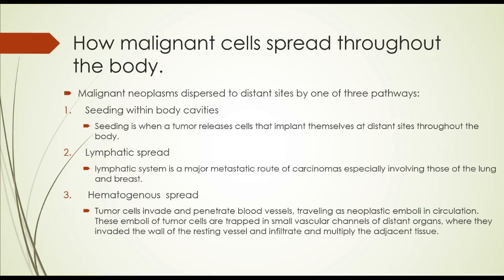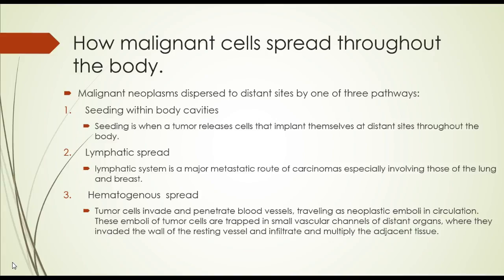Alright guys, hang in there, just a couple more slides and we'll finish up here. So how do malignant cells spread throughout the body? There are 3 different ways. The first way is seeding within body cavities, when a tumor releases cells that implant themselves at distant sites throughout the body. The second way is lymphatic spread. Cells enter the lymphatic system and spread to different parts of the body that way.